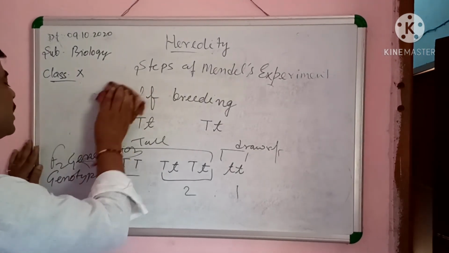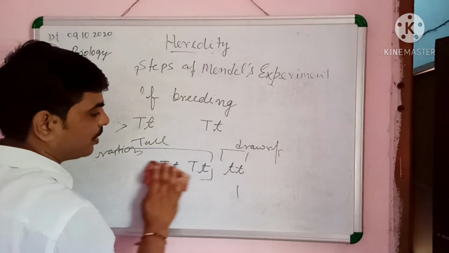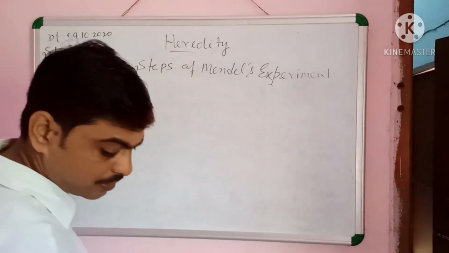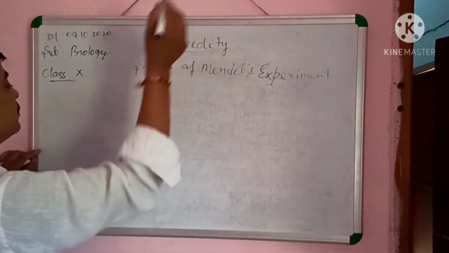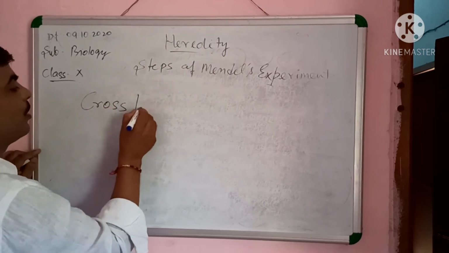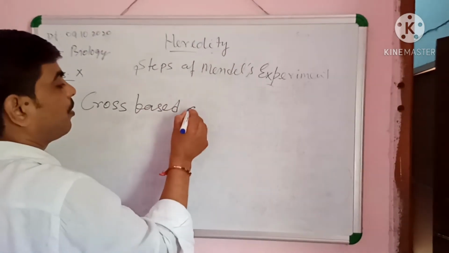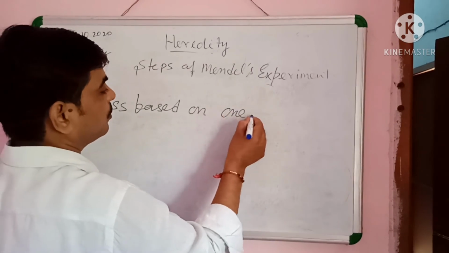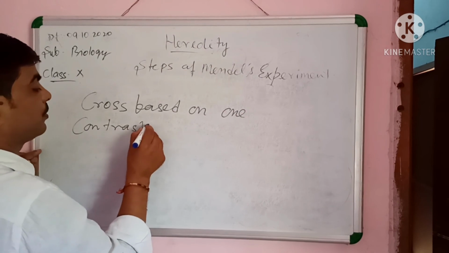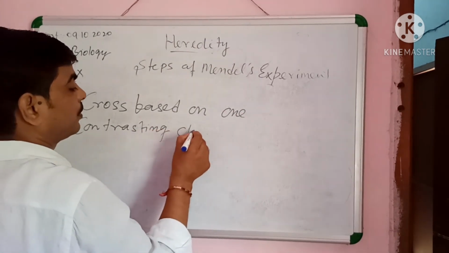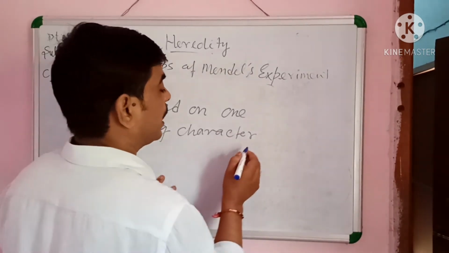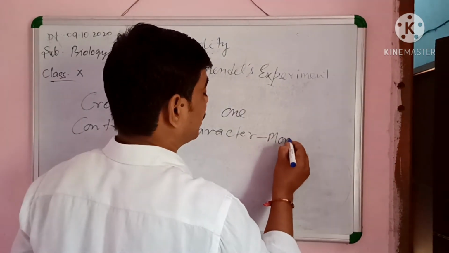Mendel focused on contrasting characters, and the cross done by Mendel based on one contrasting character was called monohybrid cross.